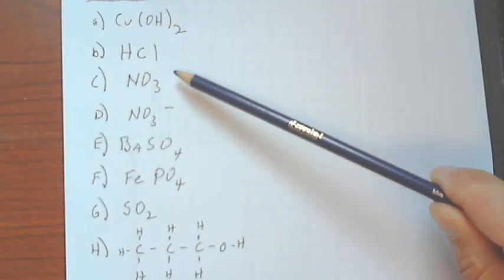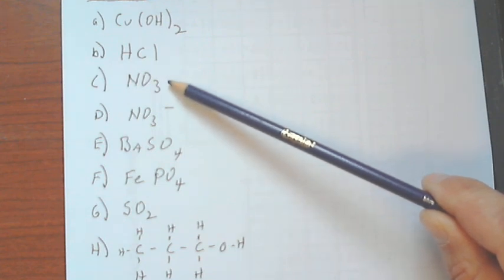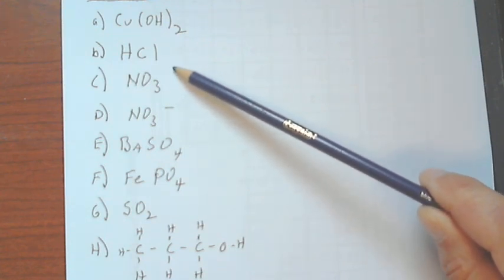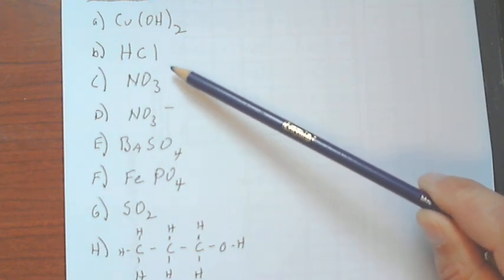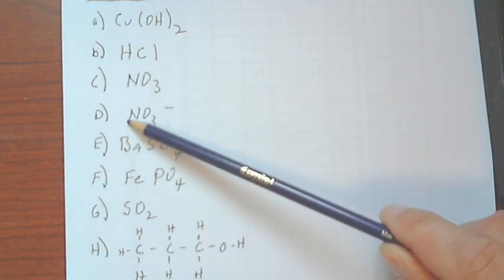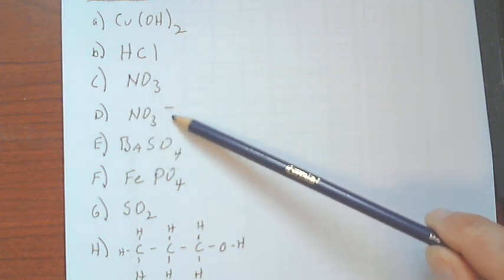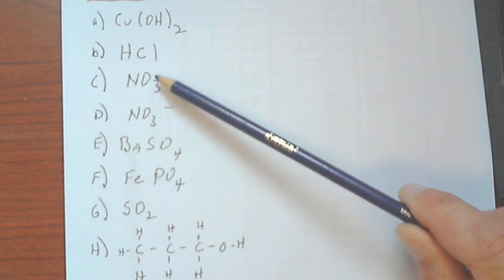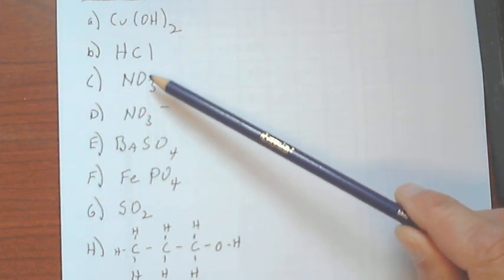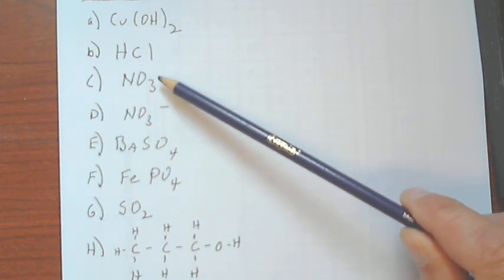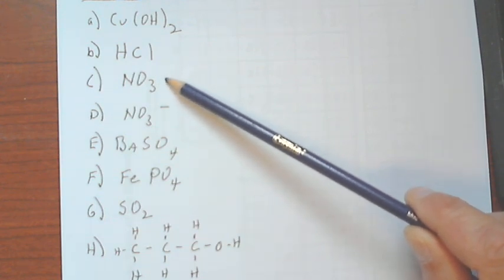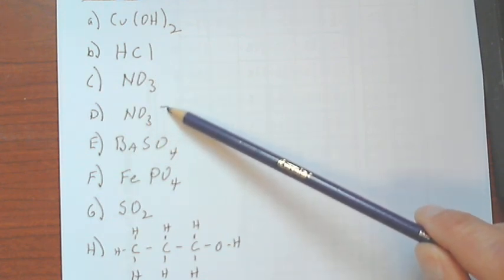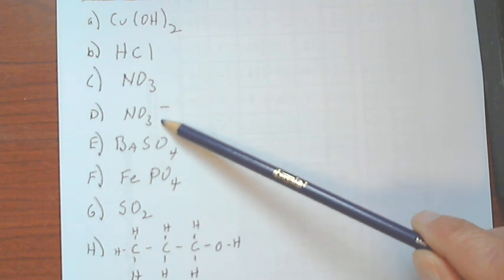NO3 by itself, with no charge, is nitrogen trioxide. That's a real molecule. NO3 with a minus is nitrate. Rule of thumb: when you have small nitrogen-oxygen compounds, they are gas phase. When you have something with a charge like nitrate or nitrite, it's going to be dissolved in water or be in a salt.